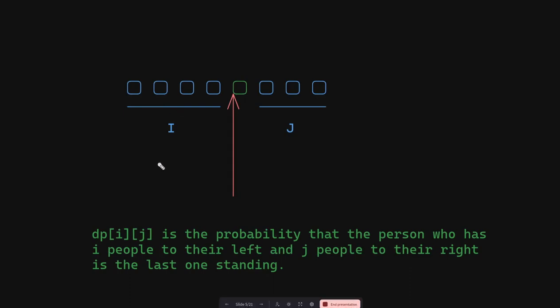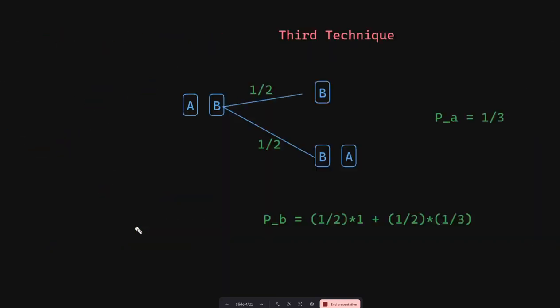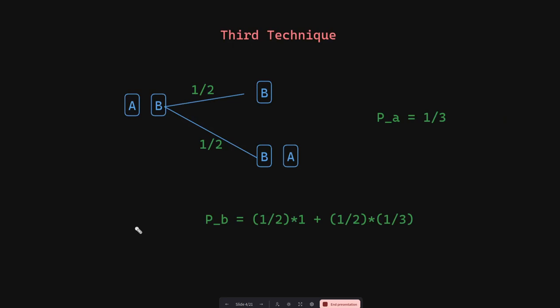So let us now define a function dp of i j. Previously we had seen that if you just focus on the number of people standing to the left and the number of people standing to the right, you should be able to compute the answer without worrying about the identity of the specific people, right?